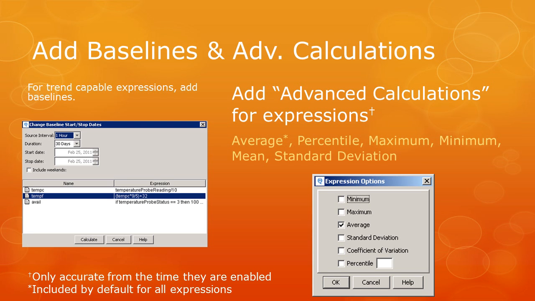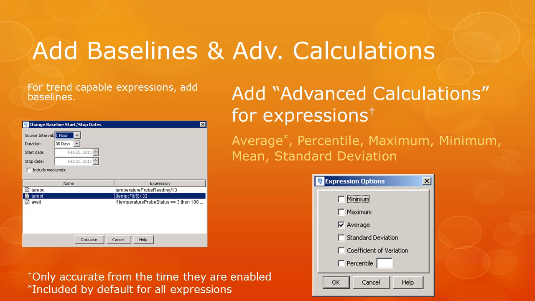It's not required, but you can configure some advanced calculations. Now, these advanced calculations are performed when the data is rolled up. By default, average is selected. This means that the roll-up is the average of the higher resolution data, the poll rate data, for example. However, you can specify that a maximum, minimum, standard deviation, variation, or percentile be calculated, or you can specify all of them.